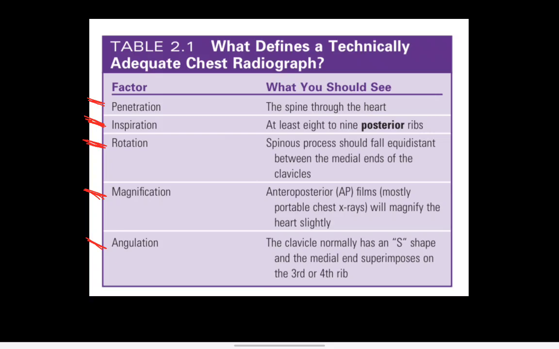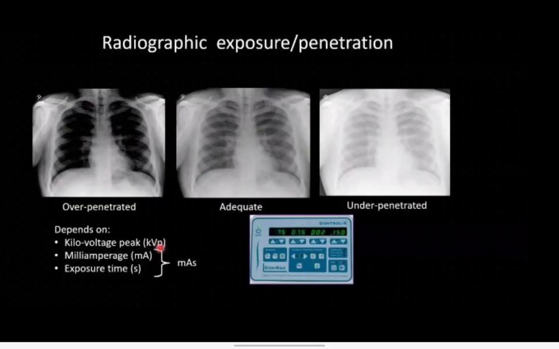Penetration means how much the X-ray beam had invaded the chest radiograph or patient chest. If the chest X-ray was very strong, we have this image which is over penetrated, a very strong beam. An adequate beam gives a normal chest X-ray with a good quality.